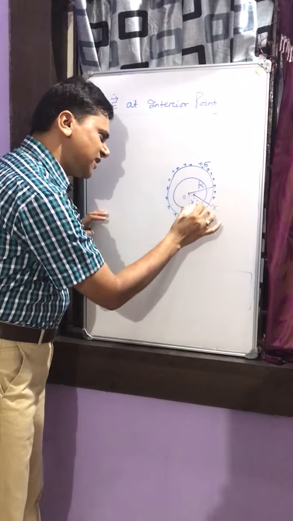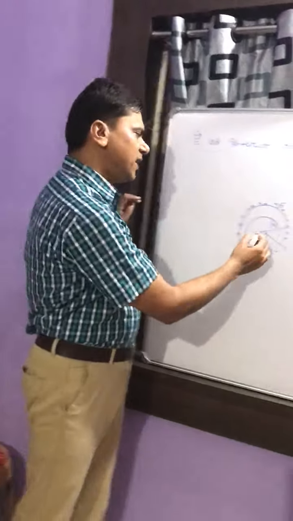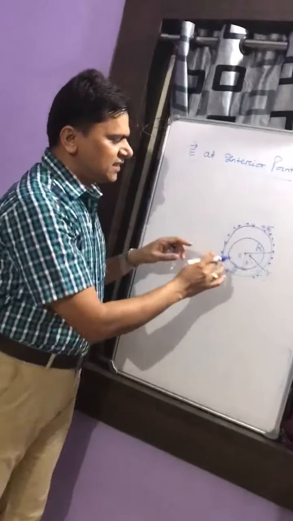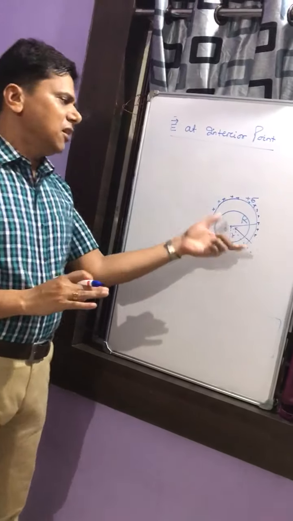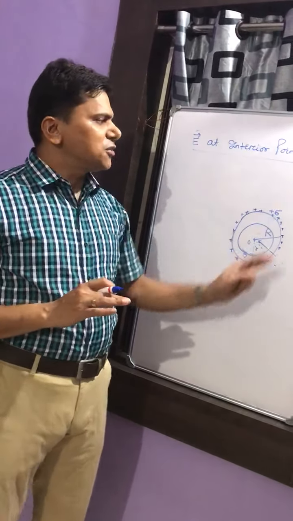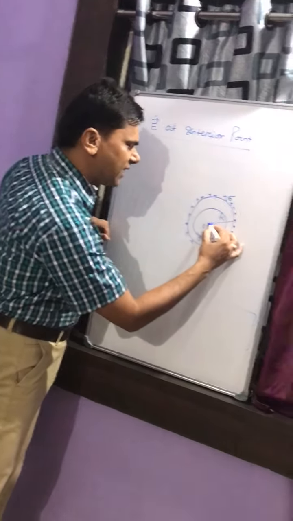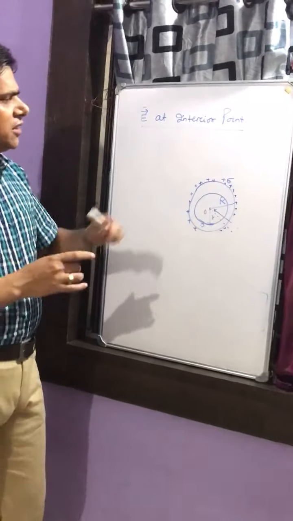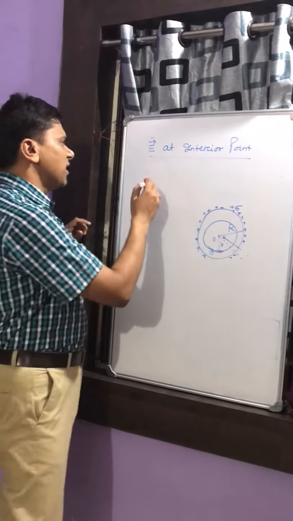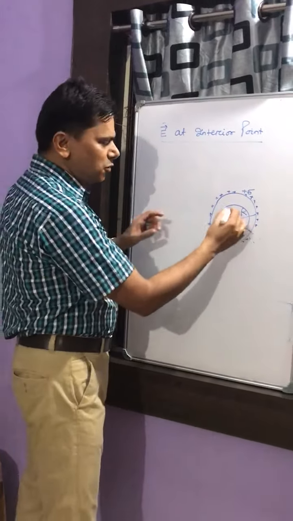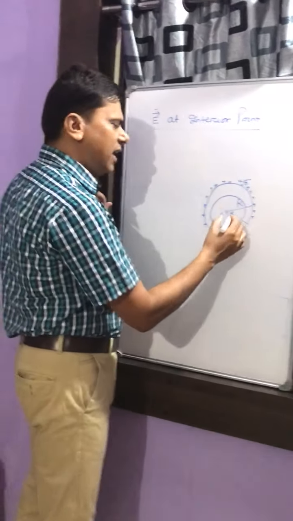Here the Gaussian surface is like this, again a sphere of radius small r. In this case this small r is the same as before, because we have taken this so as to compare the two cases. But keep in mind that capital R is the radius of the thin spherical shell.